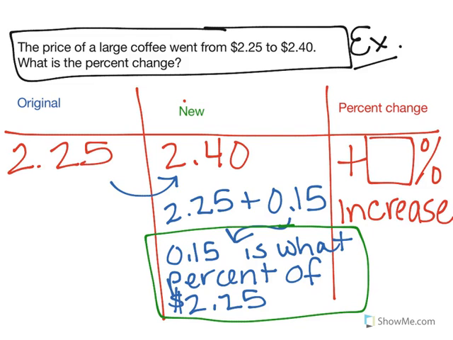And I want you to answer this question I've outlined in green. 15 cents is what percent of $2.25? That is going to give you the percent change. And I'm curious, is that 15 cents a large percent or a small percent increase? And that's what I'm going to be checking when we go over the homework tomorrow.